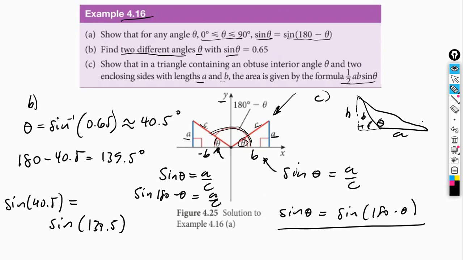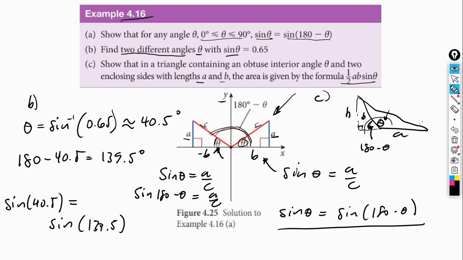This angle here. Now, the thing is that this angle is equal to 180 degrees minus theta, right? Why? Well, because all of this is 180. So if this is theta, then this other part here is 180 minus theta.